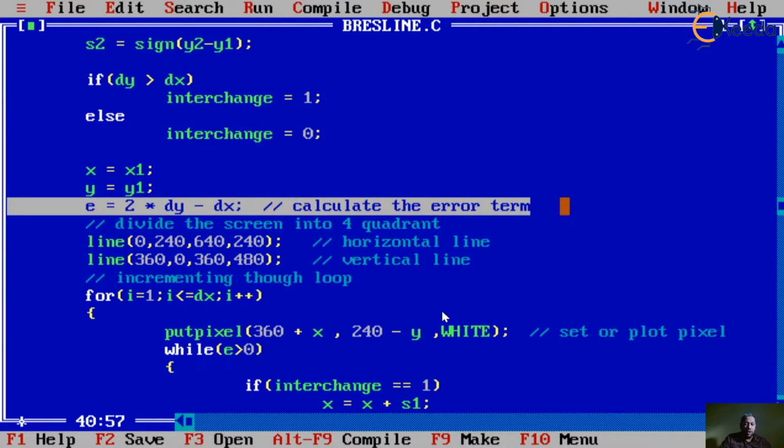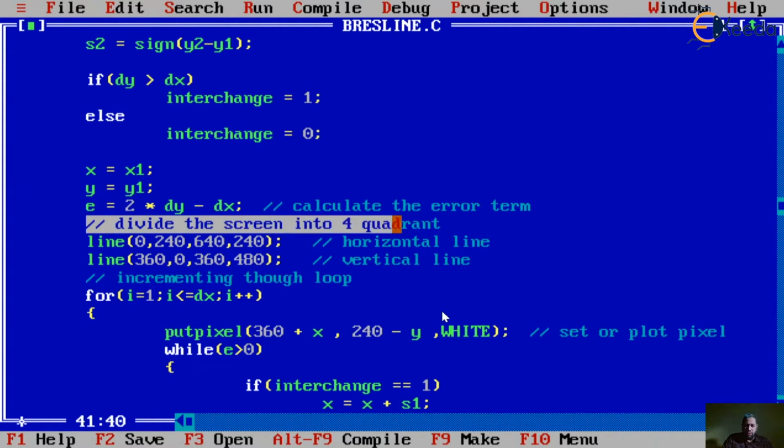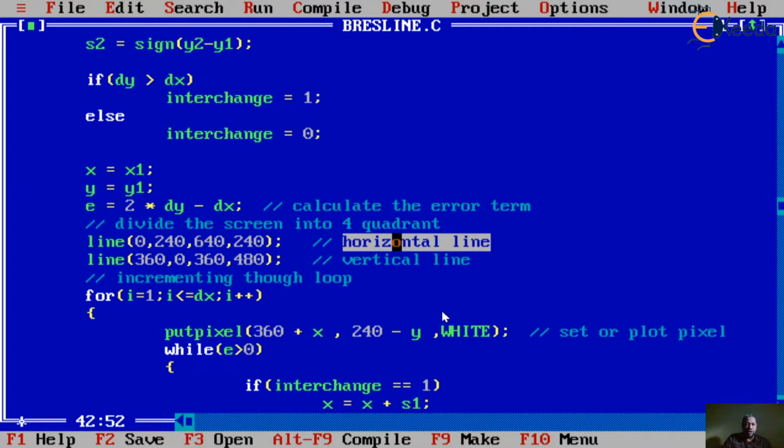Now this particular algorithm works in all 4 quadrants, not only a single quadrant. So we have divided the screen into 4 quadrants. This is an additional thing. This is not there in the DDA, but we are considering it for the generalized algorithm. First, I draw the horizontal line at the center of the screen.